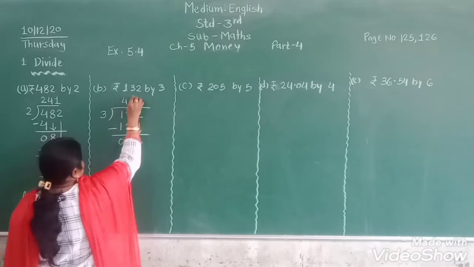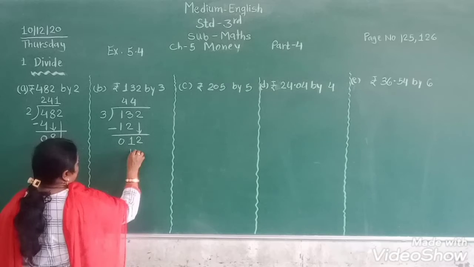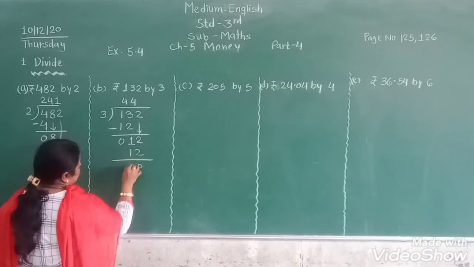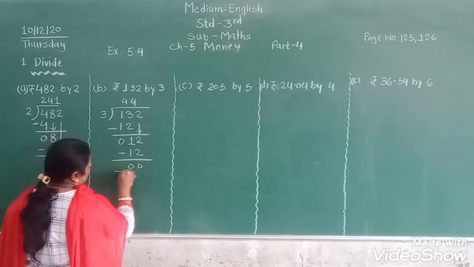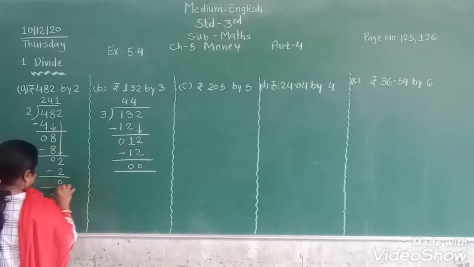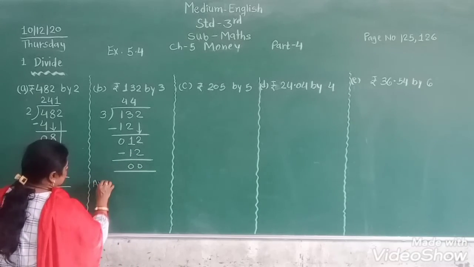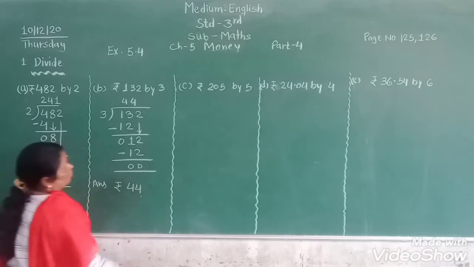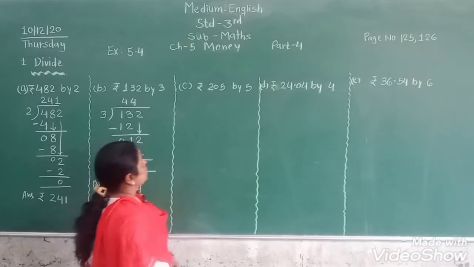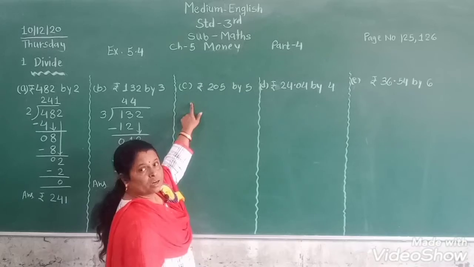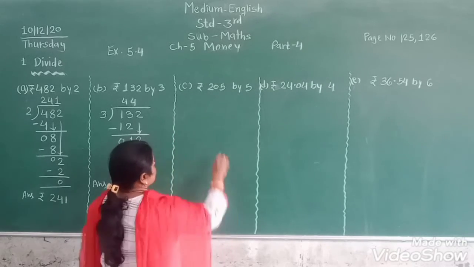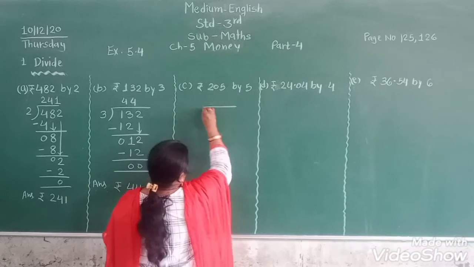Again 3 fours are 12. 2 minus 2, 0. 1 minus 1, 0. We write answer rupees 44.